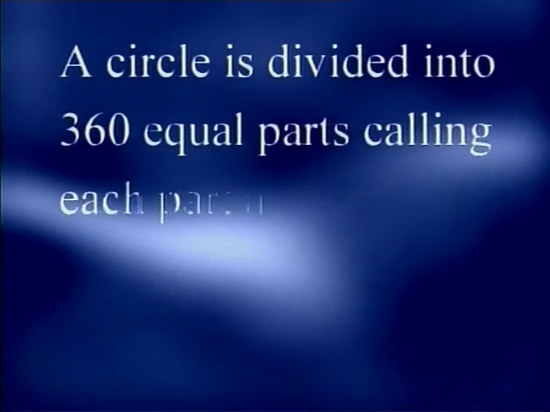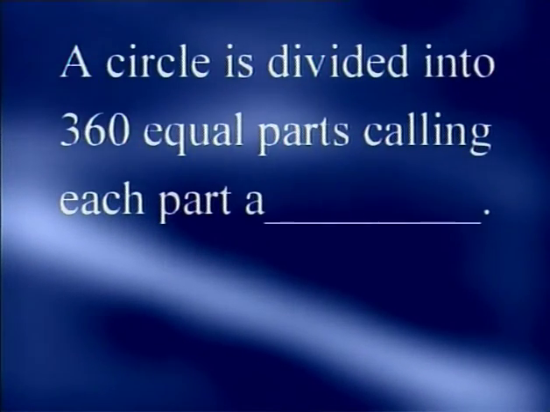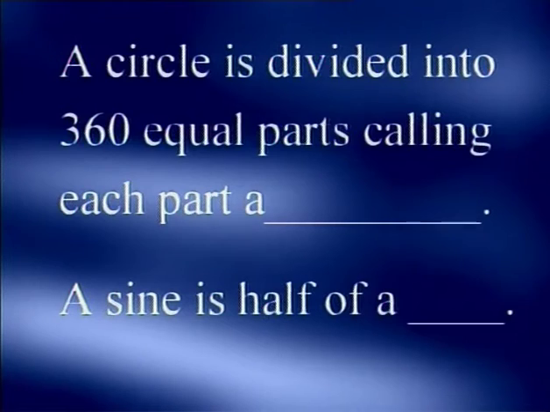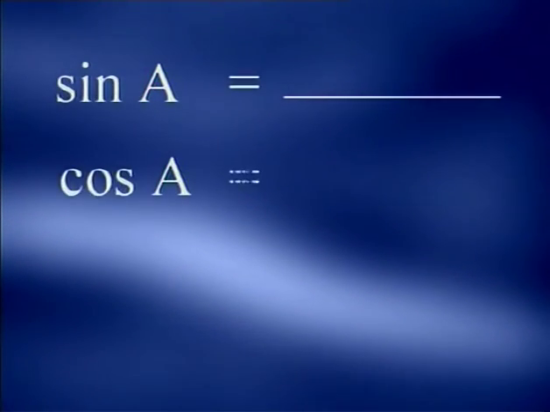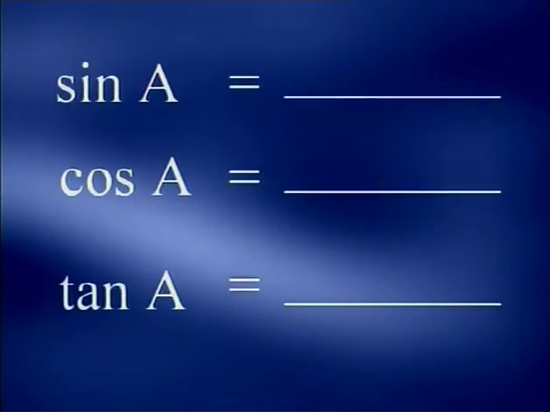Please note them in your notebooks so that we can tally it next time. A circle is divided into 360 equal parts, calling each part a dash. A sine is half of a dash. Sine A is equal to dash. Cos A is equal to dash. Tan A is equal to dash.